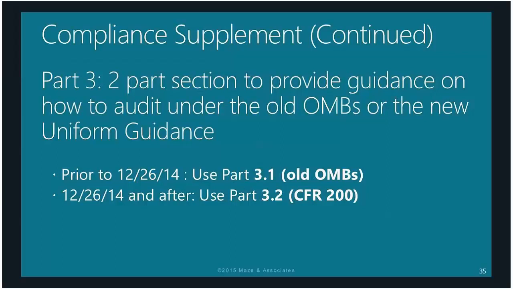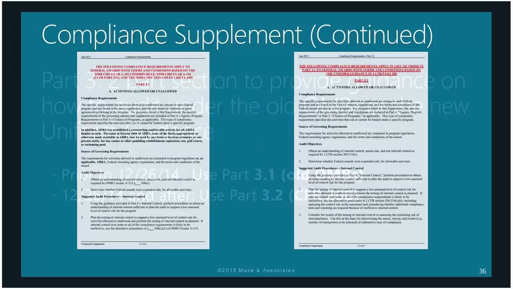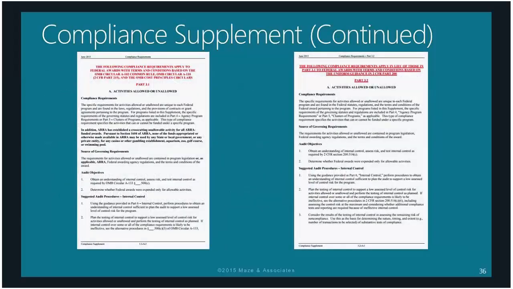So anything under the old OMB, you'll want to use Part 3.1. And anything under the new, you'll want to use Part 3.2. And again, this is something that we as auditors also utilize. And here's just an example of what these parts contain.